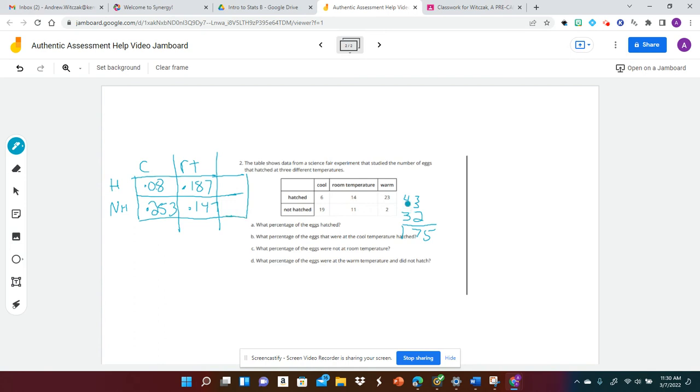And then lastly, for warm, 23 divided by 75 is 0.30, and I'll round that up to 7. And then again, this is warm. Then here, 2 divided by 75 is 0.027.